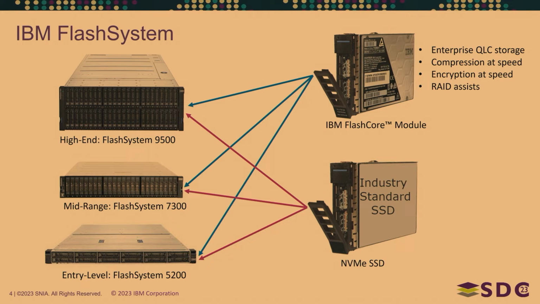It has compression and encryption at line speed and RAID assist. So we are able to offer this drive at a very competitive cost because QLC storage gives us quite a bit of cost reduction on the hardware. And this is a dual port active storage enclosure architecture.